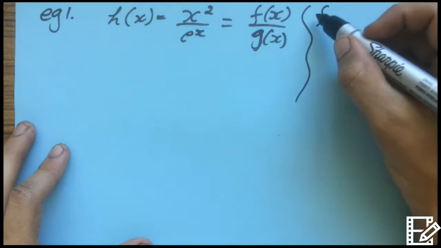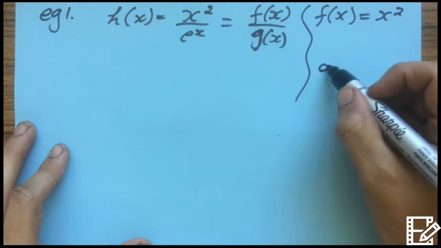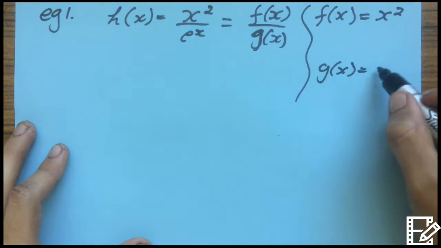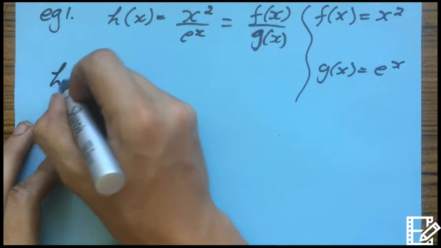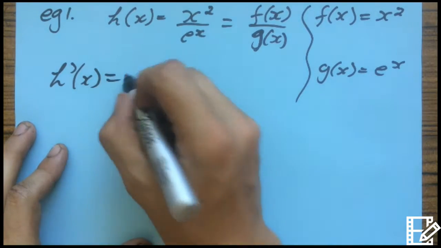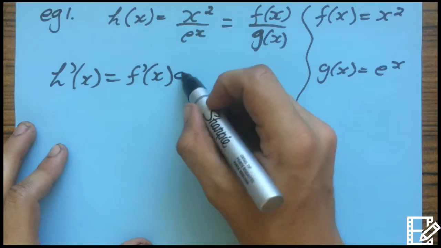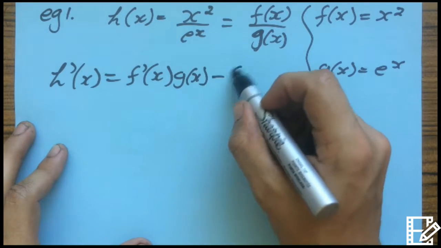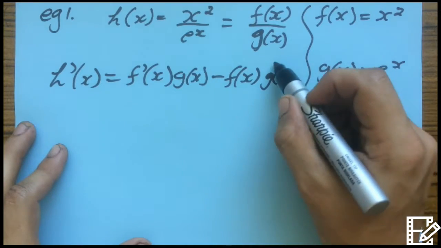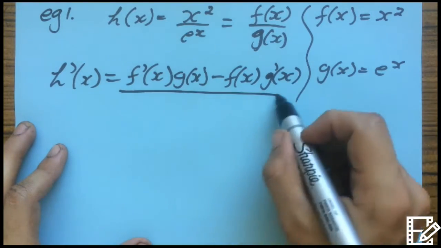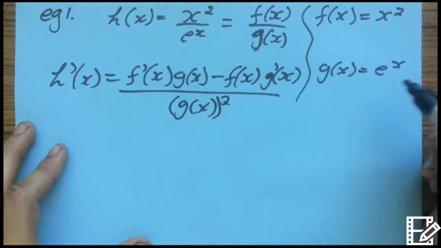Let's separate the page and label them as such. And the formula for the derivative is the derivative of f(x) multiplied by g(x) minus f(x) multiplied by the derivative of g(x) all over g(x) squared.